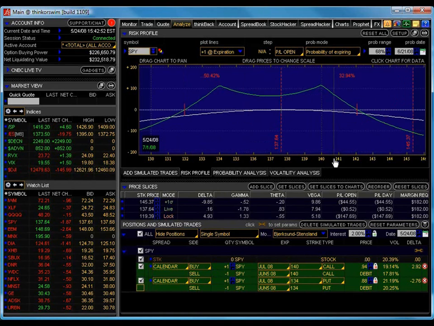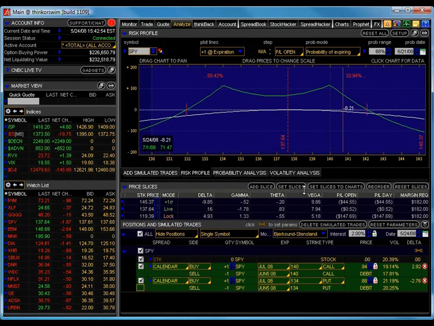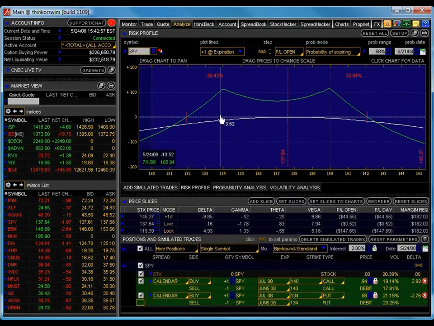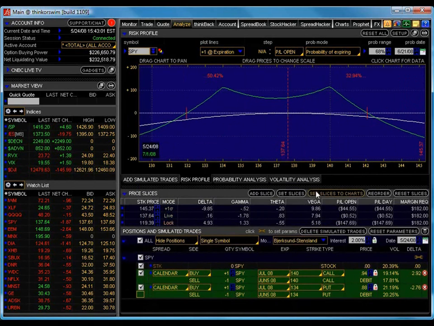So that's exactly what we've done here, is created a double calendar. That's exactly what a double calendar is. It's two calendar spreads, a call calendar spread, which is slightly bullish, and a put calendar spread that is slightly bearish.